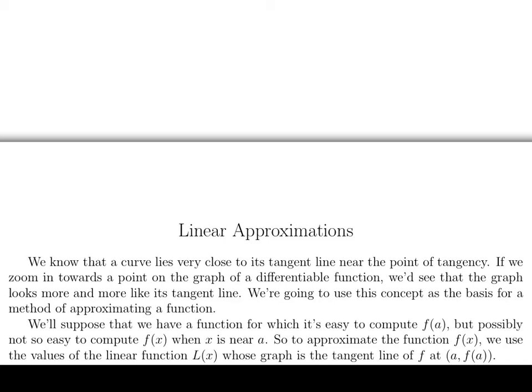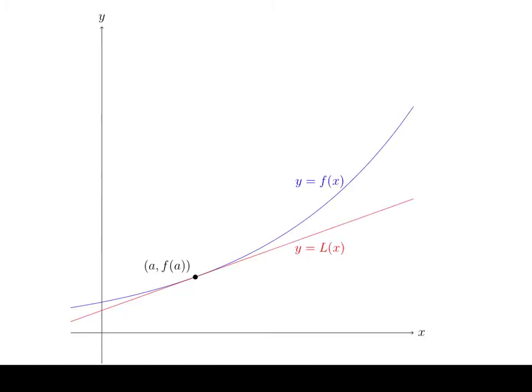Let's take a look at a picture of what we might have. So this picture illustrates the concept pretty nicely. Let's say that you have a function, y equals f of x, and then you pick a point, a, f of a, and you make a tangent line. So the original function is the one in blue, the tangent line is the one in red.